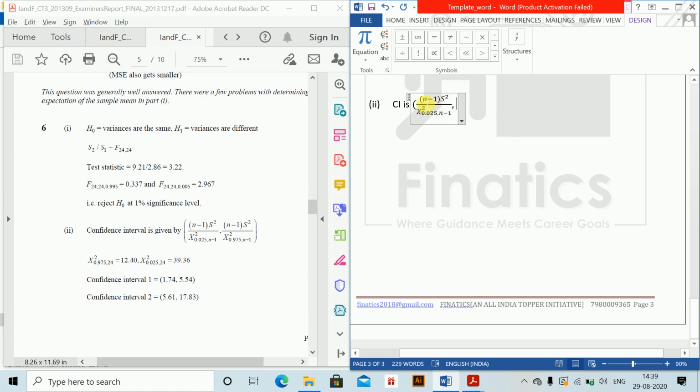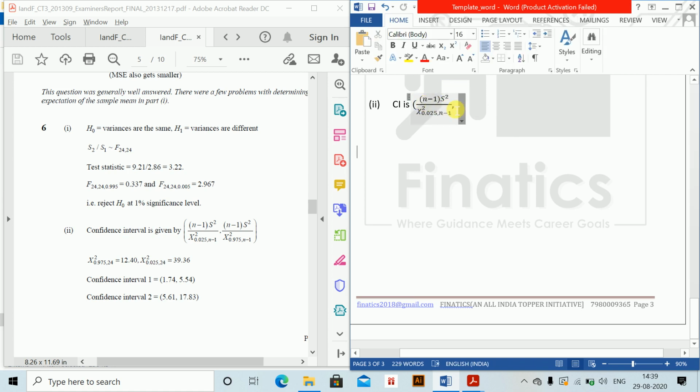I'll not write again anything, I'll just copy this, paste this here, and change this to 0.975. Okay, n minus 1, remove the comma. CI is this.